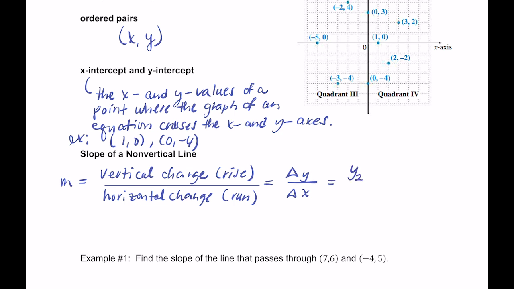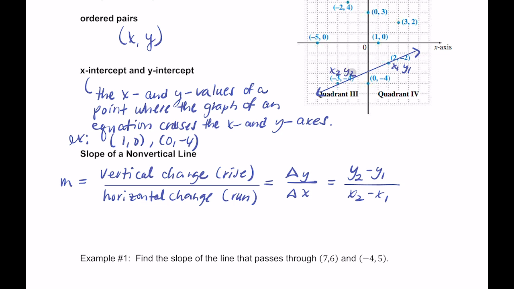And the way we find the change is by subtracting the 2 coordinates. So we take the 2 y values, y2 minus y1, and subtract those and divide it by the difference of the 2 x values. So for instance, if we were to find the slope of the line that passes through, let's say, this point and this point, one of those coordinates would be labeled x1 and y1, and then the other coordinate would be labeled x2 and y2.